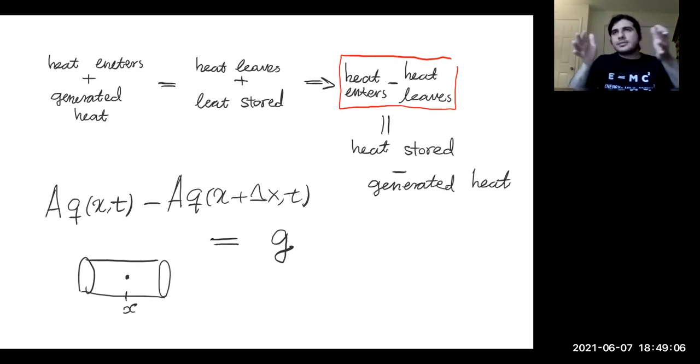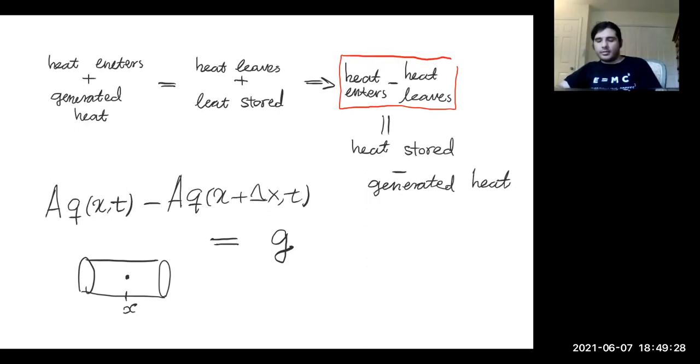And this is proportional to volume, right? If we have a larger region, the amount of heat generated in that region would also be larger. Whereas if you have a very small region, the amount of heat generated in that is small. So the total heat generated in our region would be G, which is defined per unit volume, times the volume of our region.